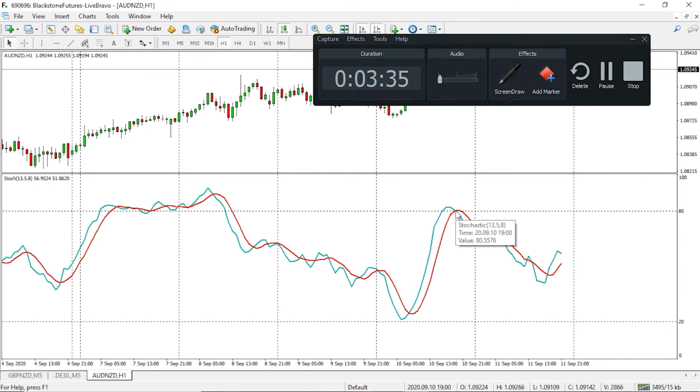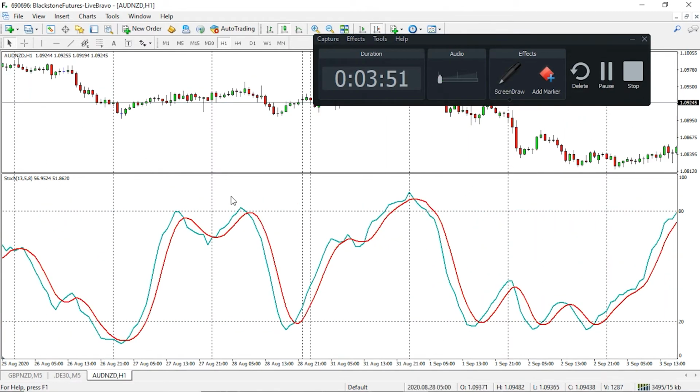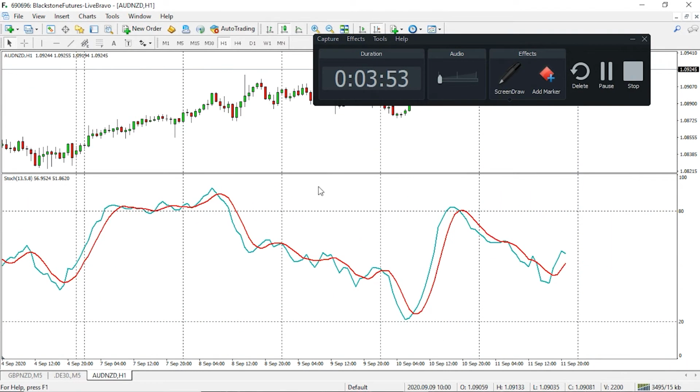Likewise here, we can see we've got around an 80.55. My crossover happens here. So that's around a 77% probability, and so forth, guys. We can generally go throughout and look for those opportunities.